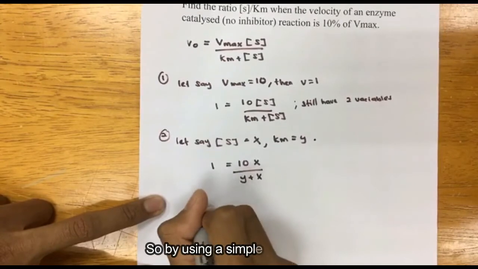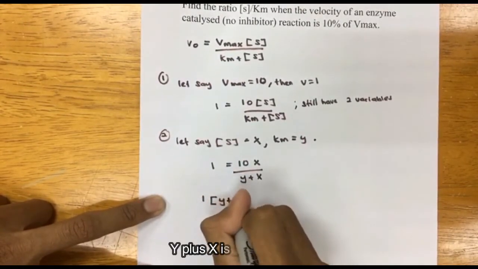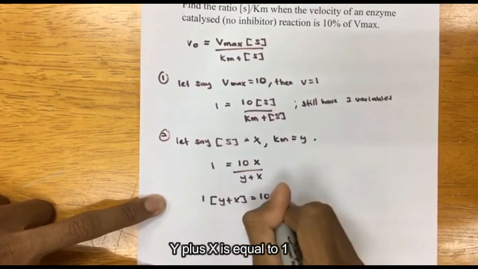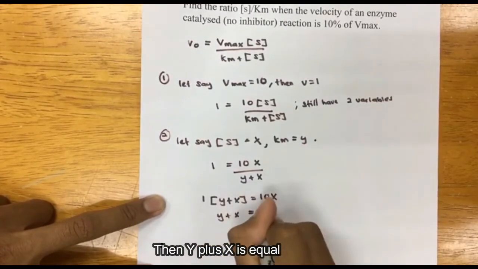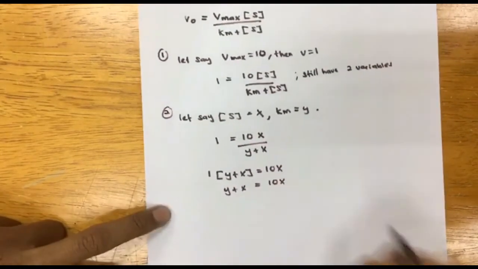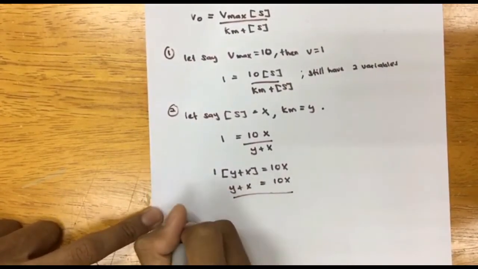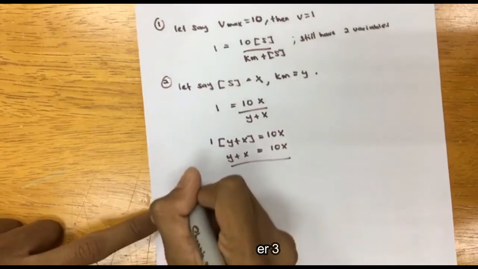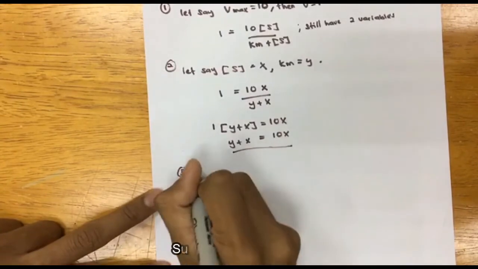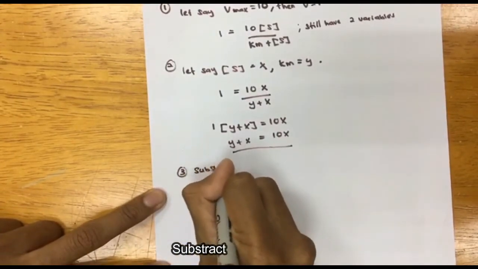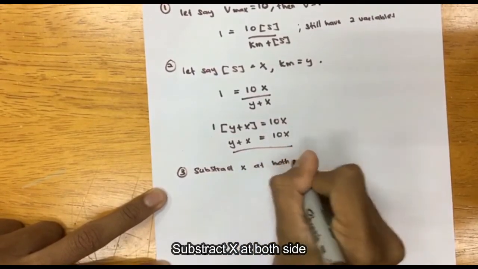So by using simple mathematics, y plus x is equal to 10x. Then we got the equation. And number 3, subtract x at both sides.